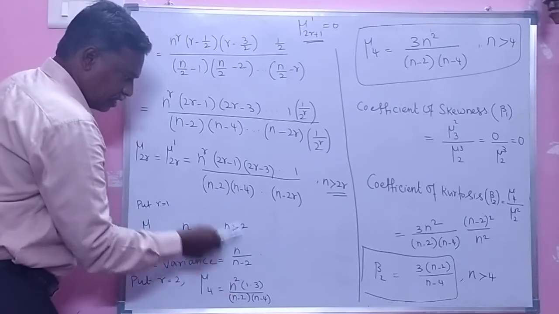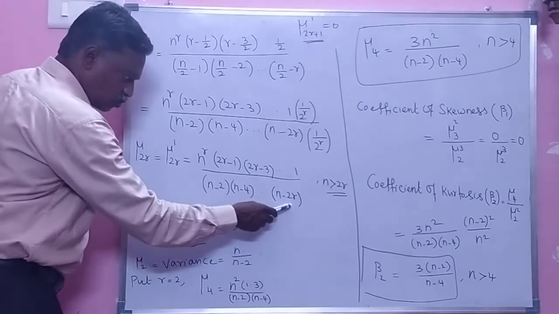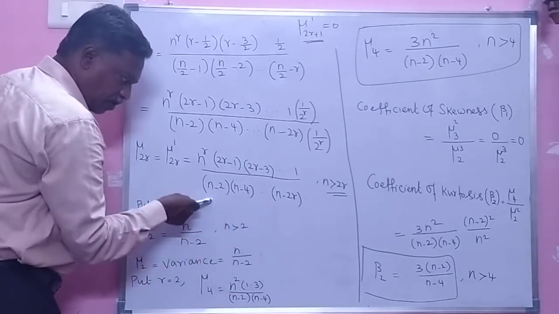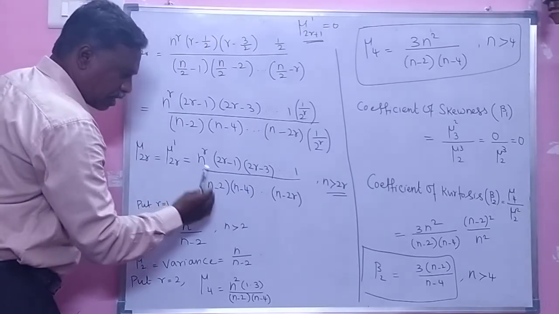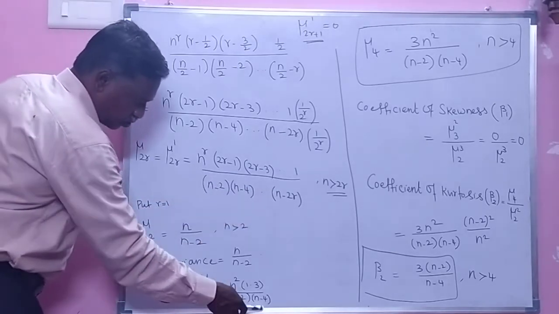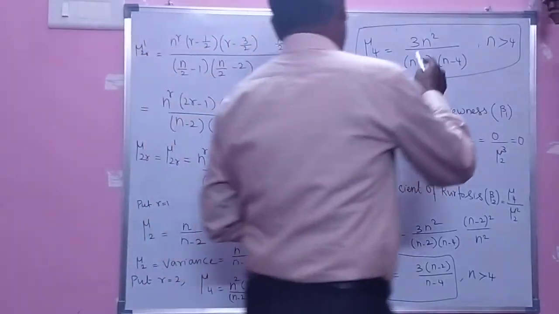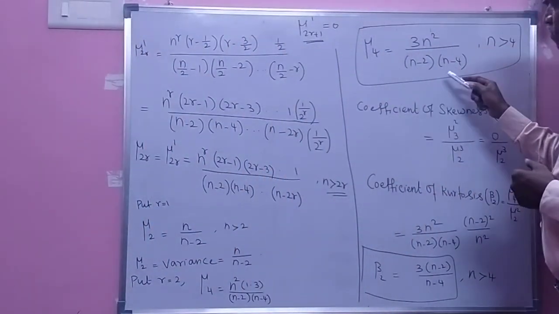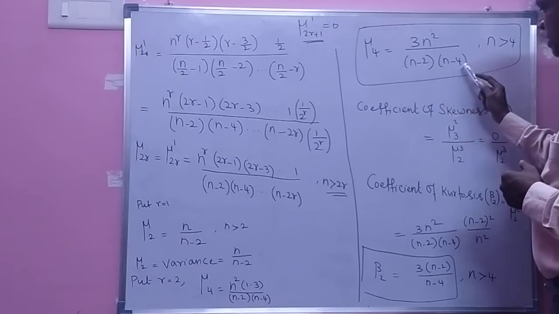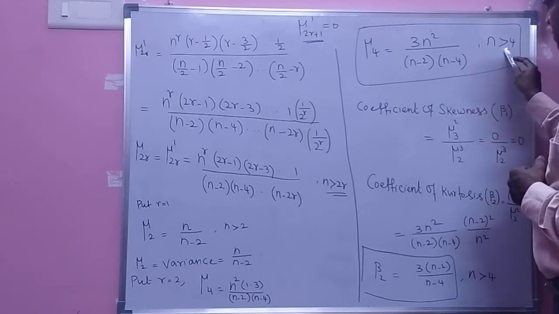In the denominator, again with r equal to 2, the product takes terms up to n minus 4: n minus 2 into n minus 4. If you simplify, you will get 3 into n square divided by (n minus 2) into (n minus 4). n is greater than 4.